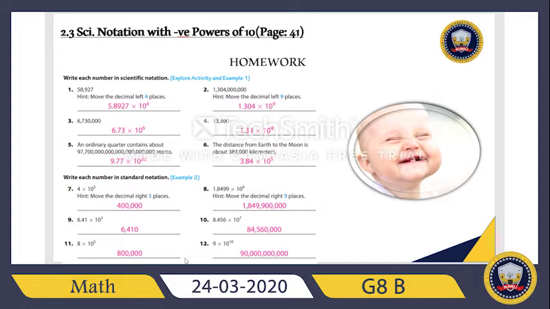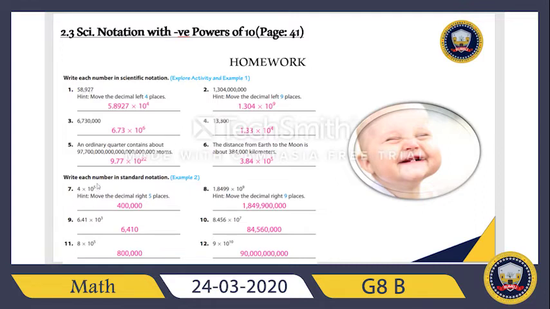In the second part here, you are going to do the inverse. So you are given the scientific notation, and I wanted you to find the standard notation. It's very easy, so you are going to do the inverse. So you are going to move your decimal point to the right. So 4 times 10 to the power of 5.